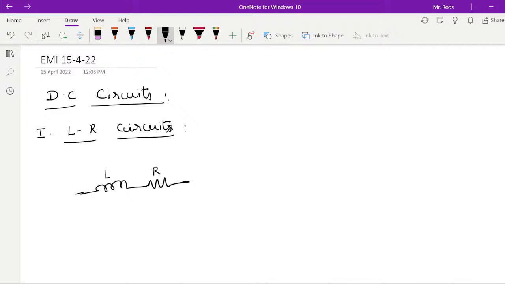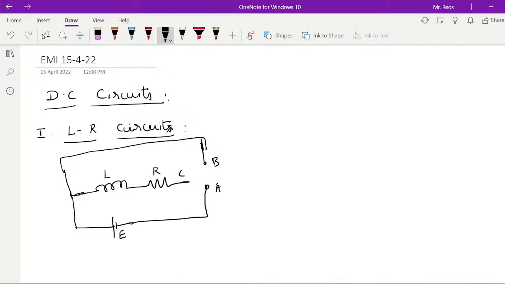These are connected to a power supply or a battery of EMF E, and to a three-way plug key with terminals A, B, C, and this part is connected here to complete the circuit. Why it is required, you may understand in due course.